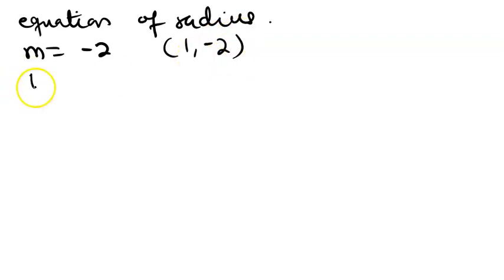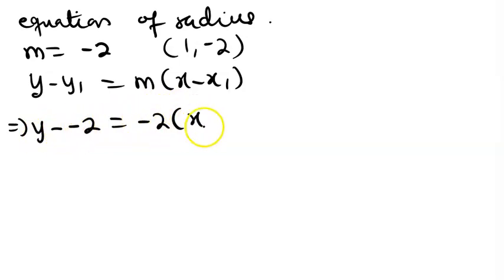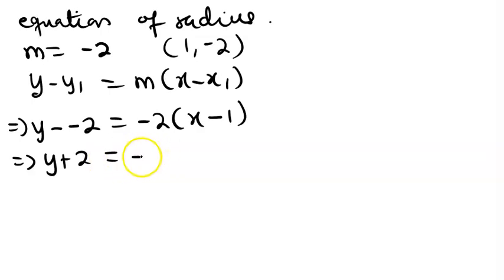The equation of a line is y - y1 = m(x - x1). So y - (-2) = -2(x - 1). So we have y + 2 = -2x + 2 - 2... so when we send this to the other side, we have y = -2x.